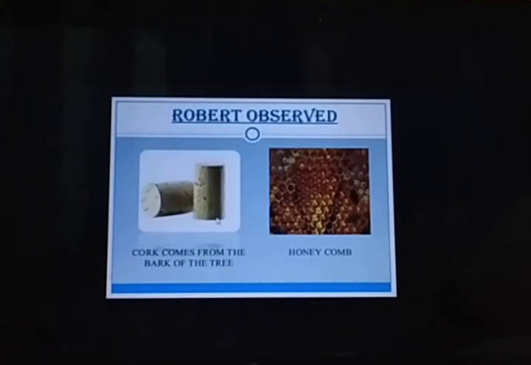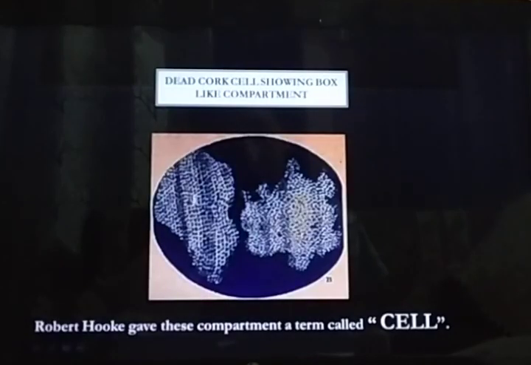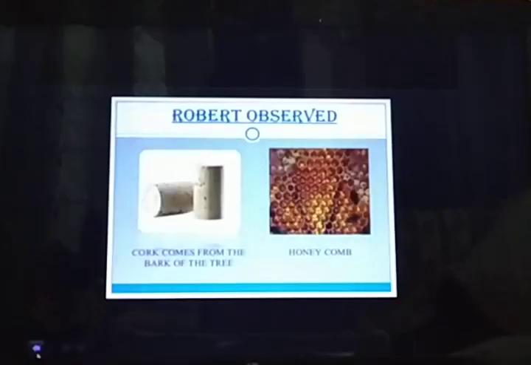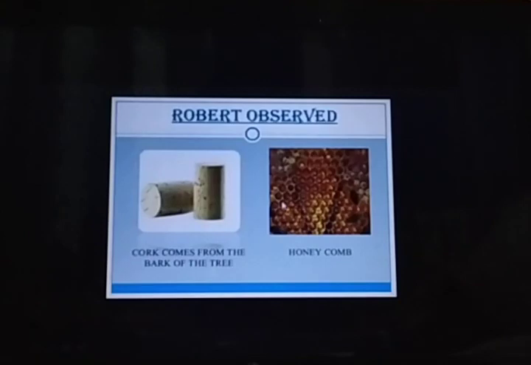When Robert Hooke looked at this cork under the microscope, he saw some empty spaces like this. This is the image Robert Hooke saw. You can see that these are the empty spaces. These empty spaces looked like a honeycomb, with hexagon-shaped structures.